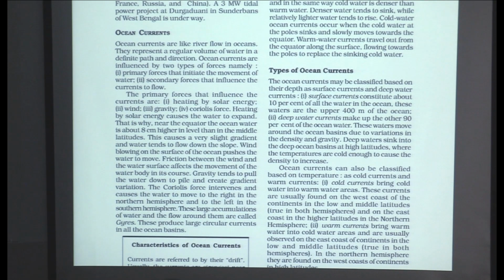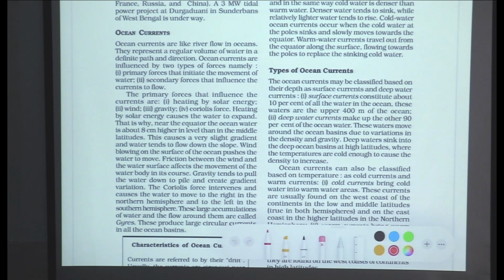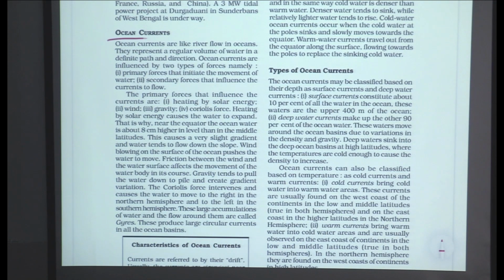Now, if the horizontal movement of water involves waves, the second horizontal movement is the ocean current. So the second movement of ocean water goes with oceanic currents. We have referred to it earlier, the ocean currents are like a river flow in the ocean, which is always in a particular path.